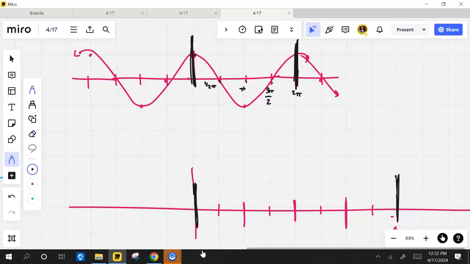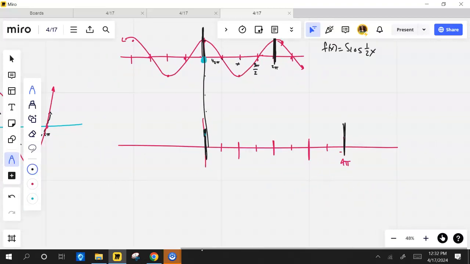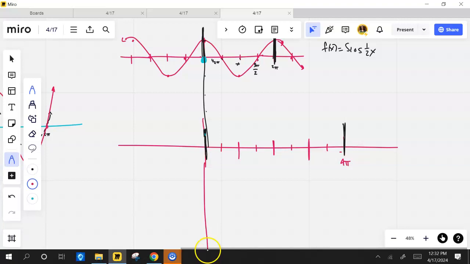All right, so I'm going to start. This is the way I reason through this. We had f of x equals 5 cosine 1/2 x. 1, 2, 3, 4, 5. All the way up here. That's where the tops can be. And then the bottom is -5. Right, it goes down 5. So I've got 1, 2, 3, 4.